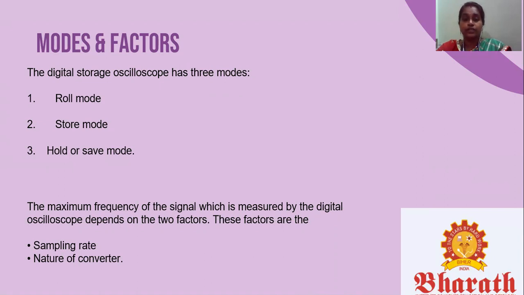The output of the vertical amplifier is applied to the analog to digital converter section. The successive approximation type of analog to digital converter is most often used in the digital storage oscilloscope. The sample rate and memory size are selected depending upon the duration and waveform to be recorded.